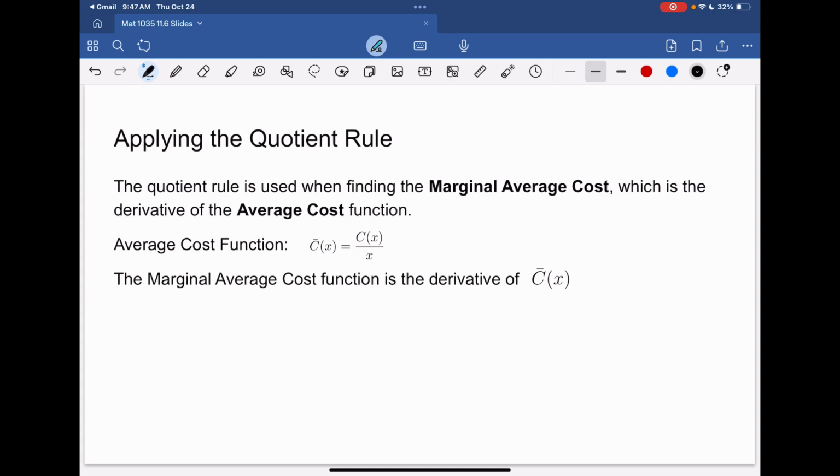And here we're talking about the effect on the average cost, which is the derivative of the average cost function, okay? This average cost function is represented by this C bar of x, which is we just take the cost function and divide it by x. Okay, so that's all we're going to do. Then we're going to take the derivative of that, and that's where the quotient rule comes in.